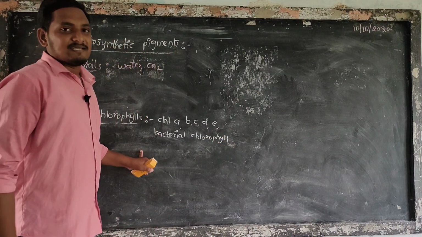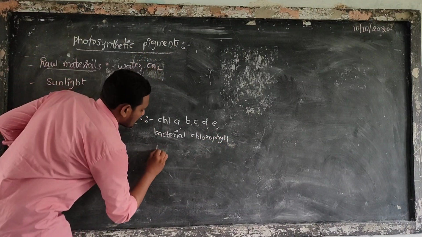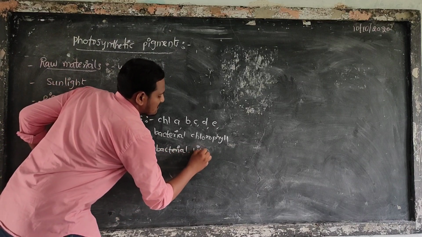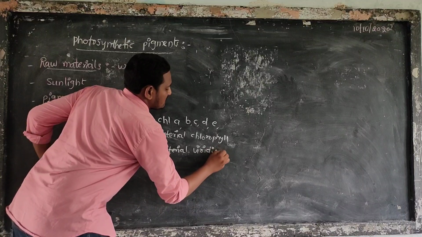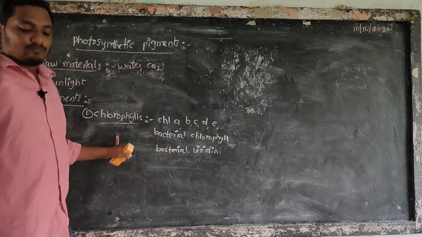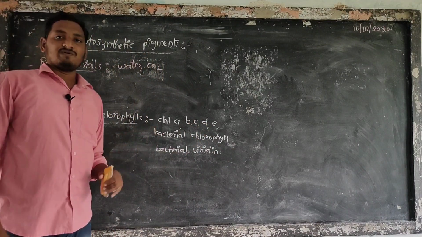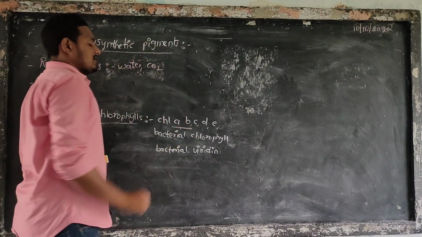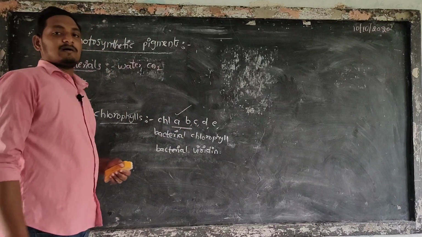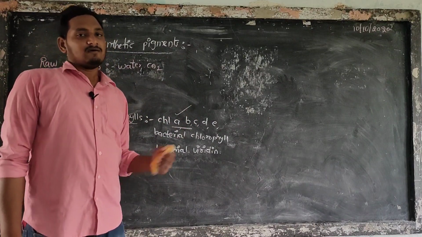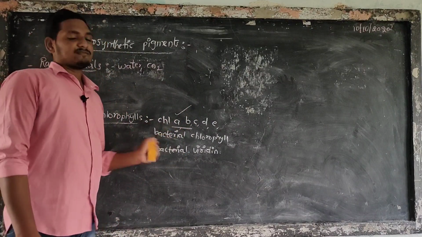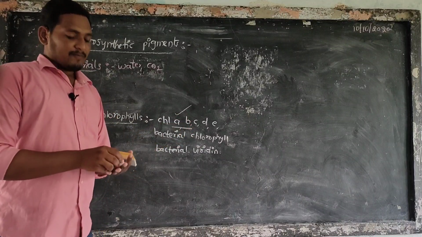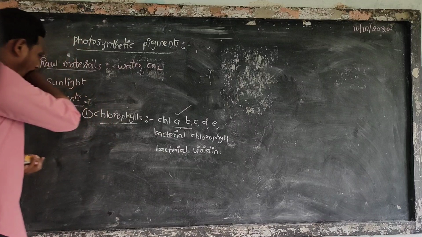Next, bacterial viridin. Out of these chlorophylls, two important ones are A and B. A and B are very important and essential chlorophylls.